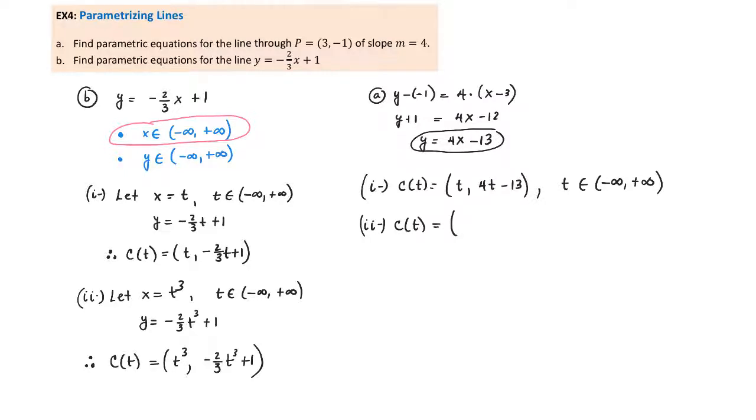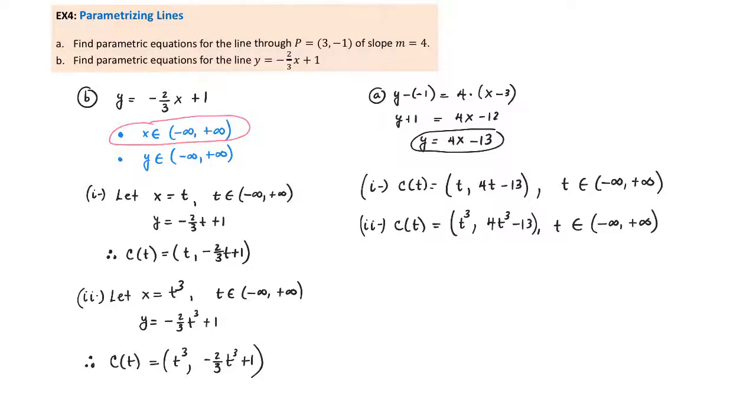It cannot be t squared because then t squared will only generate the part of the line that has positive x values. And we want to go beyond that. So we can let x be t cubed. So that means that the y component will be 4t to the third minus 13, where t again goes from negative infinity to positive infinity.